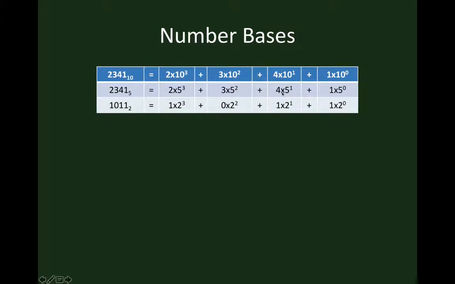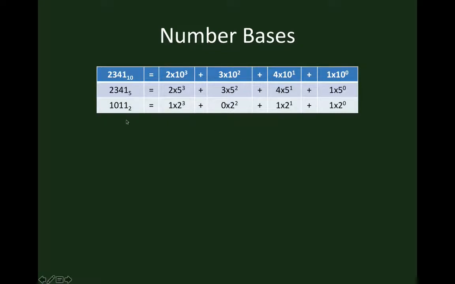And then there's 4 5s, that's 20. So 325 plus 20 is 345, plus 1 is 346. Okay, that was a little tricky for me. I hope I did that right.